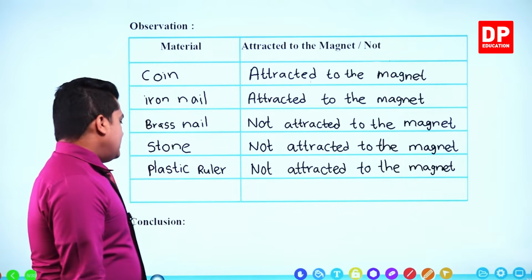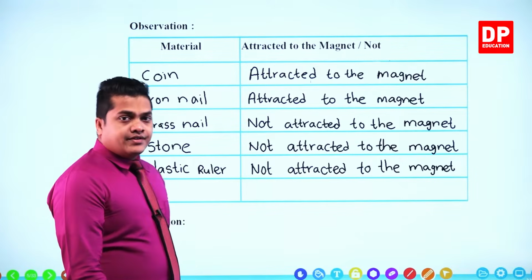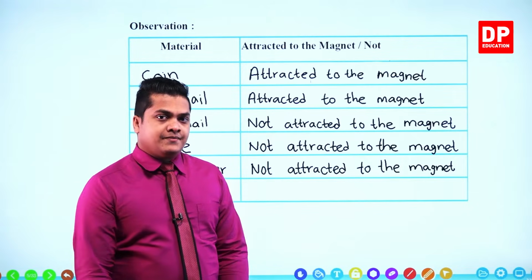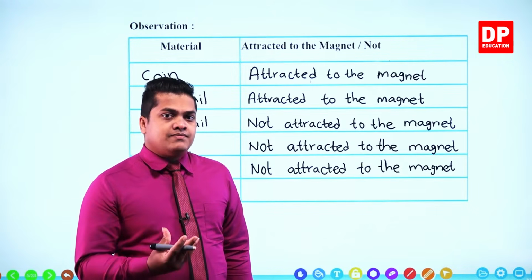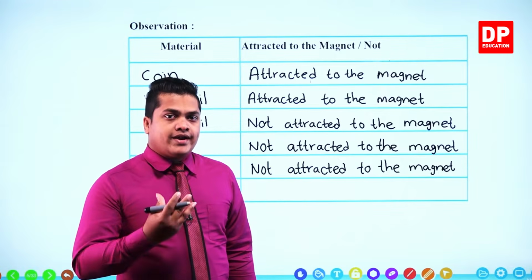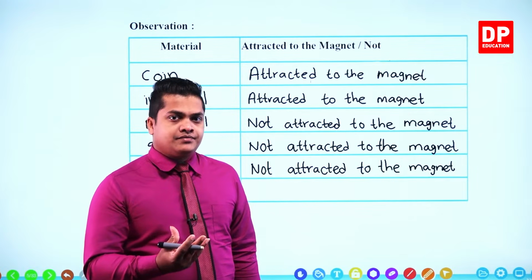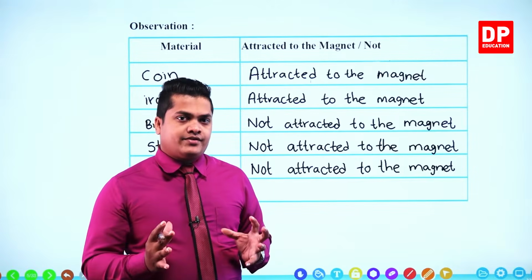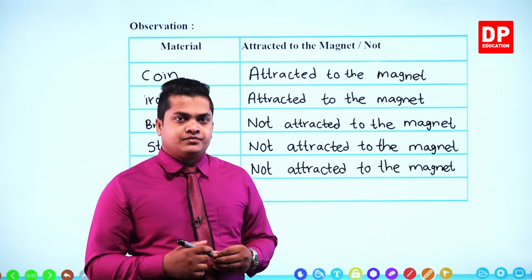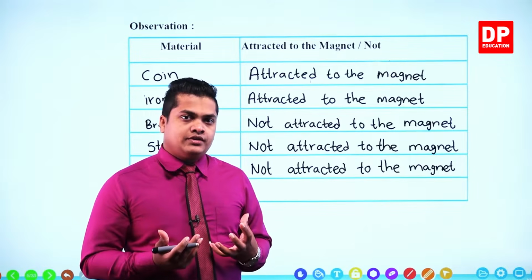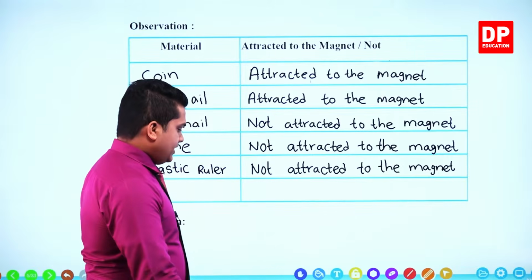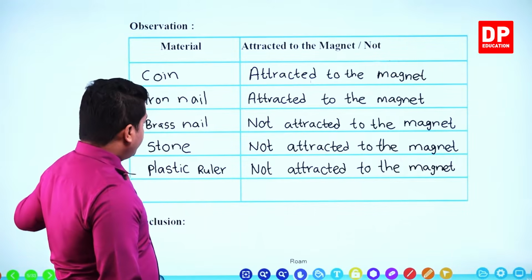So the final conclusion that we can come to from the experiment is, there are some materials which are getting attracted to the magnet, and there are some materials which are not getting attracted to the magnet. So we can write, I'll take the slide somewhat up.